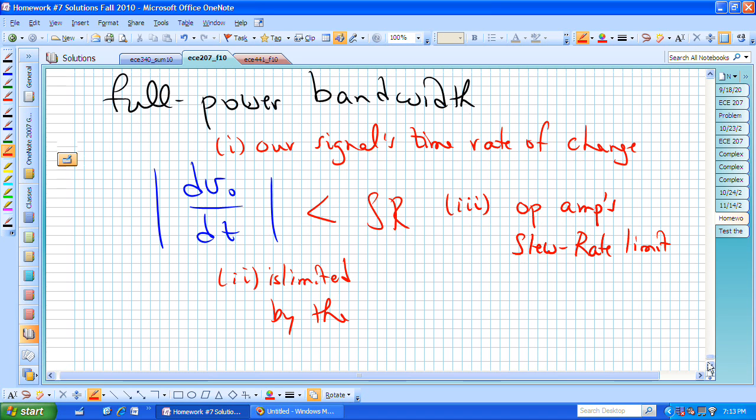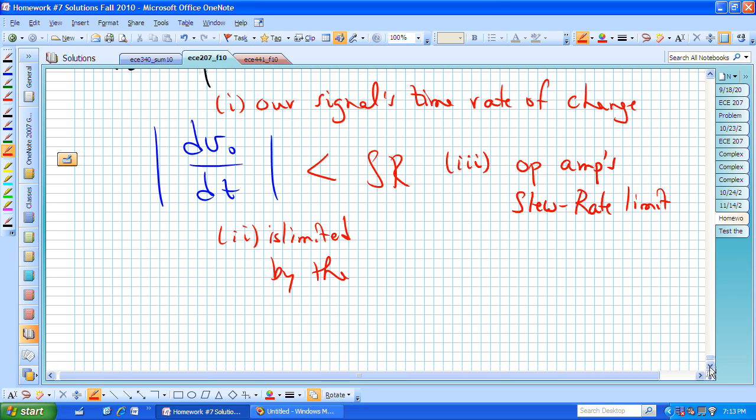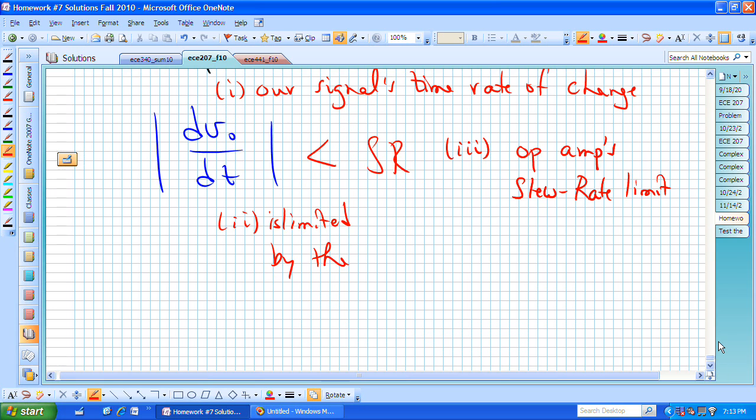If we now assume a structure for our output voltage, we can derive this relationship that exists in equation 36 in chapter 14. Let's just say that we have our output voltage as a sinusoid, Vmax sine omega t.